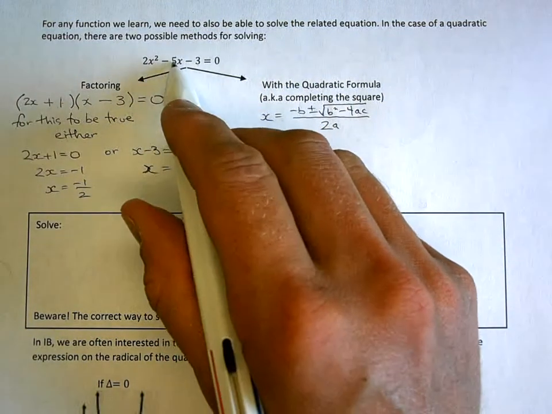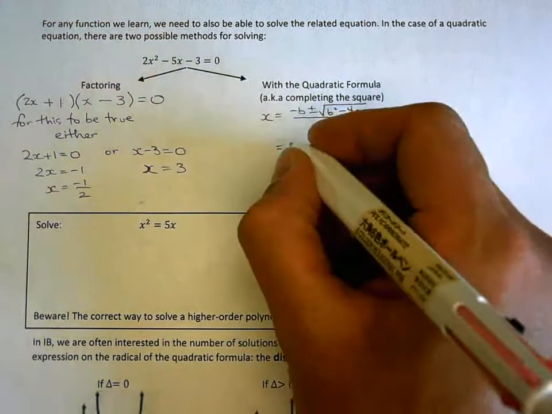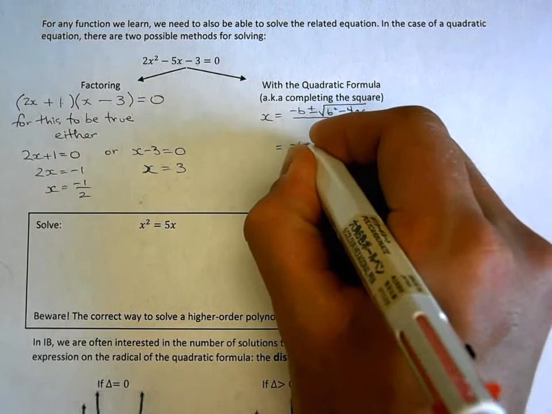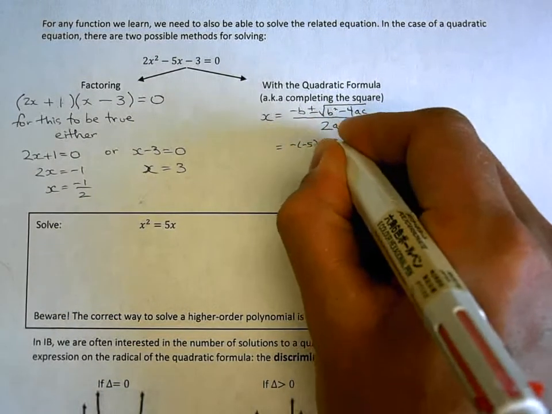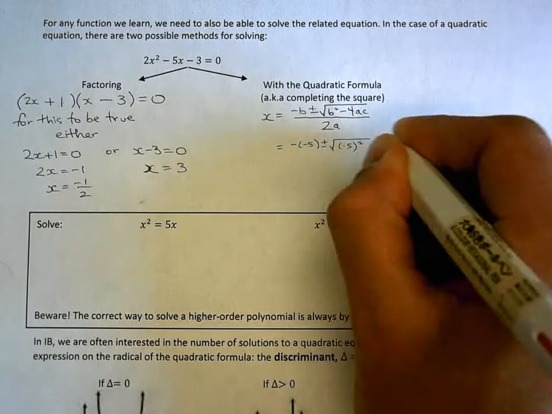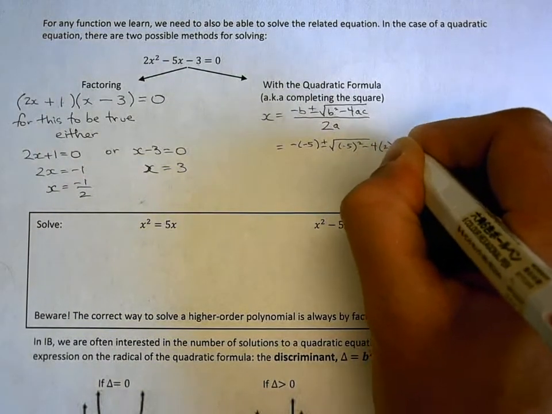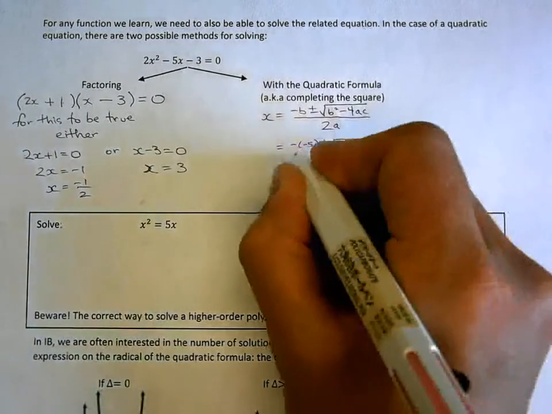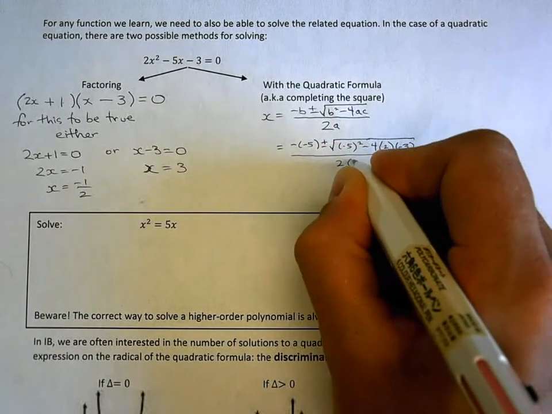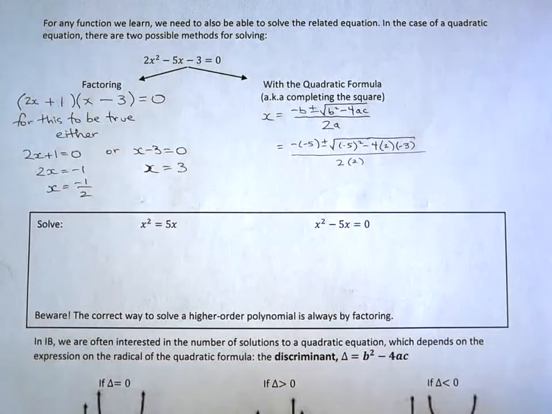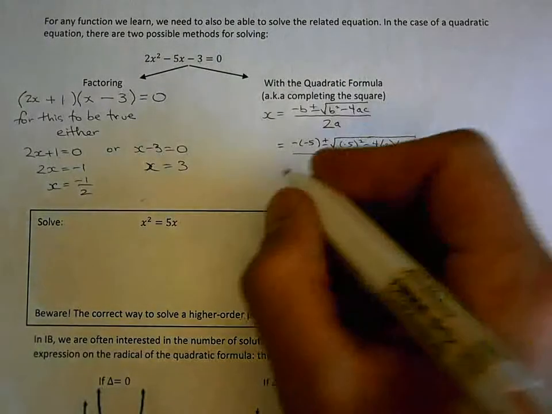So this is my b value, negative 5. So the negative of that, negative of negative 5, plus or minus the square root of negative 5 squared minus 4 times the a value, which is 2, times the c value, which is negative 3, all over 2 times 2. We don't like the quadratic formula, it's a lot of work.